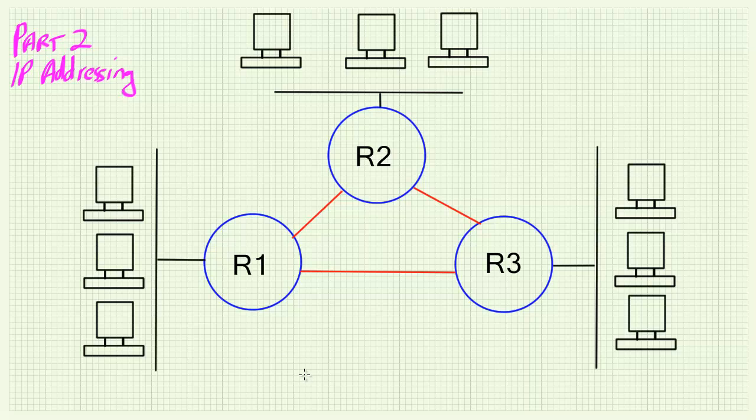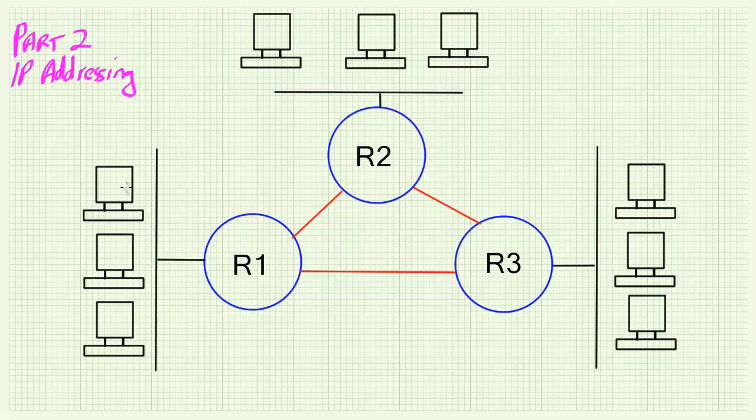You've probably already heard an analogy between layer 3 and IP addressing and your street address, and that analogy holds up pretty well. Just like the Postal Service would have a really hard time delivering mail if there were duplicate street addresses, the same thing is true with the layer 3 network.